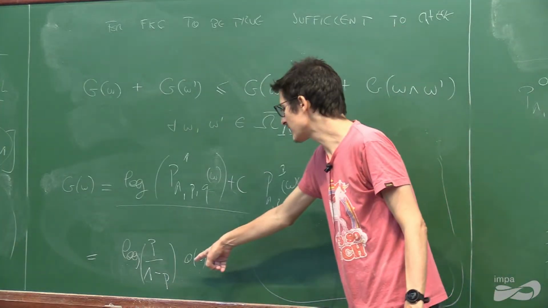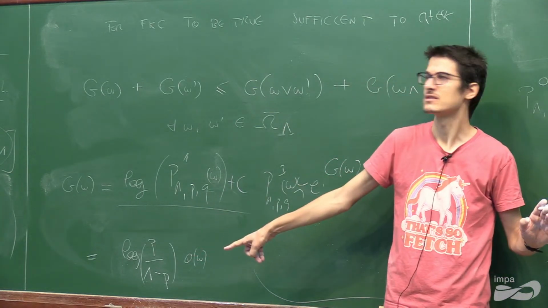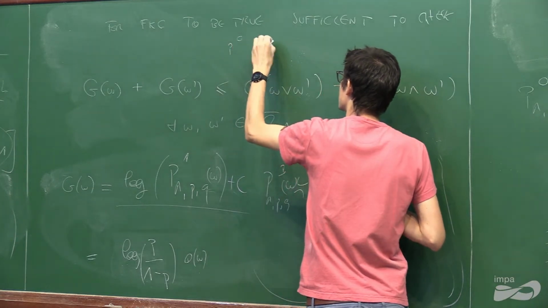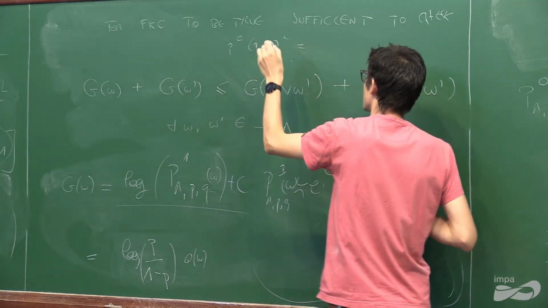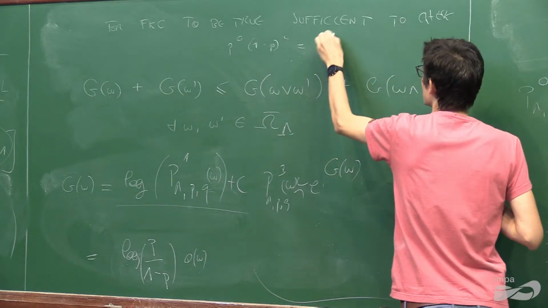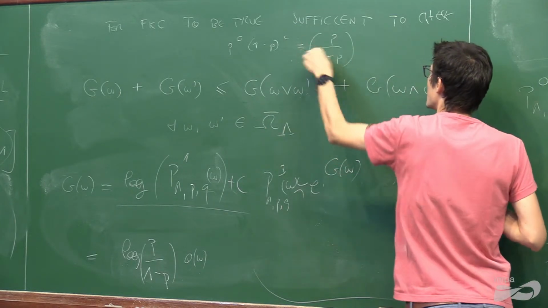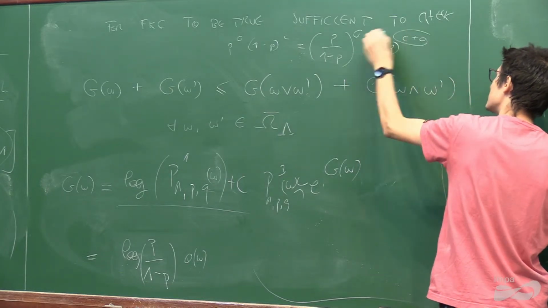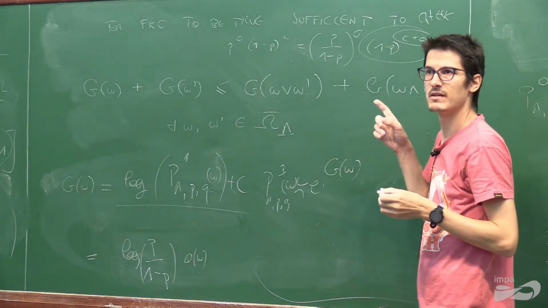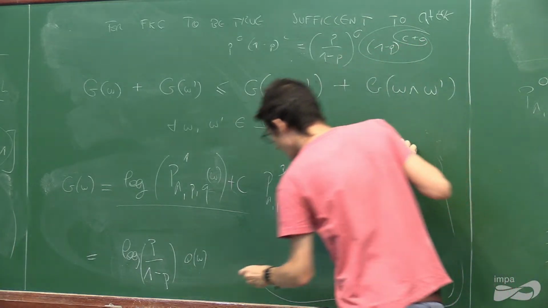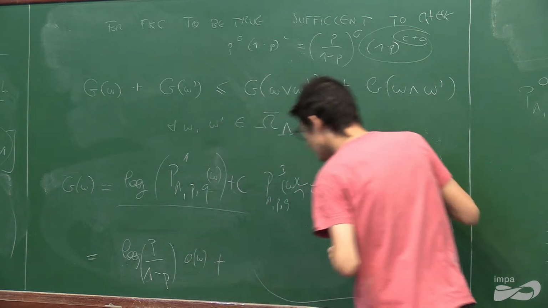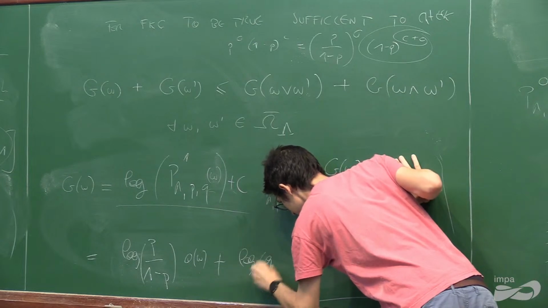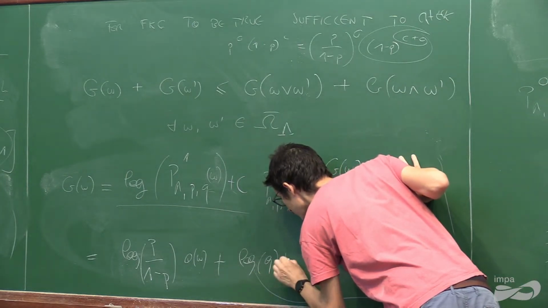This takes into account both open and closed edges. I'm just saying that P to the O times 1 minus P to the C is equal to P over 1 minus P to the O times 1 minus P to the C plus O, but this is a constant, so I don't really care about it. Plus log Q times K of omega.